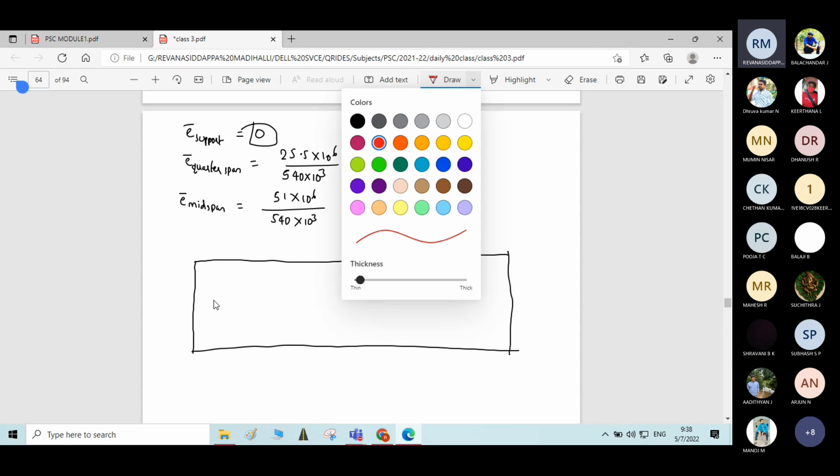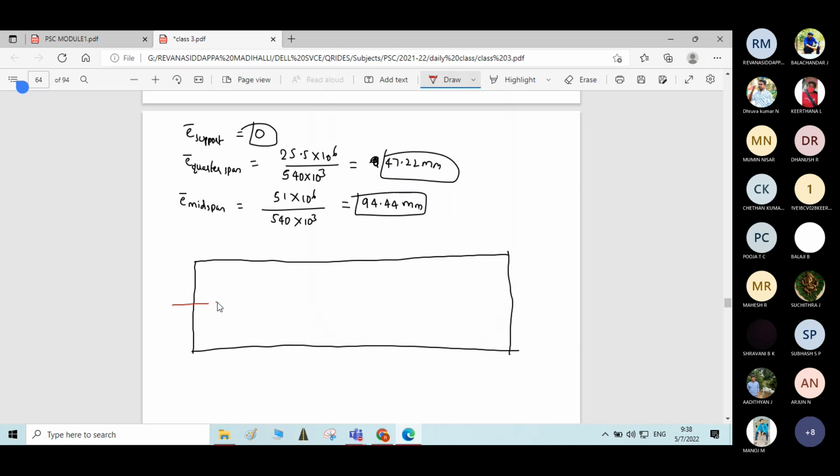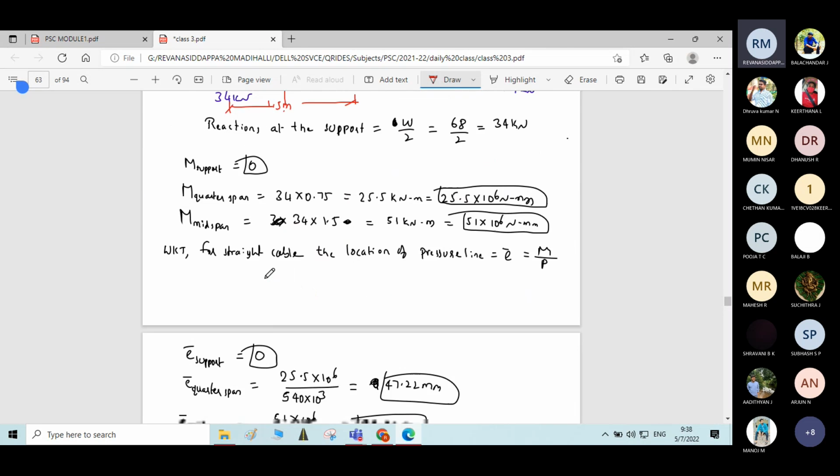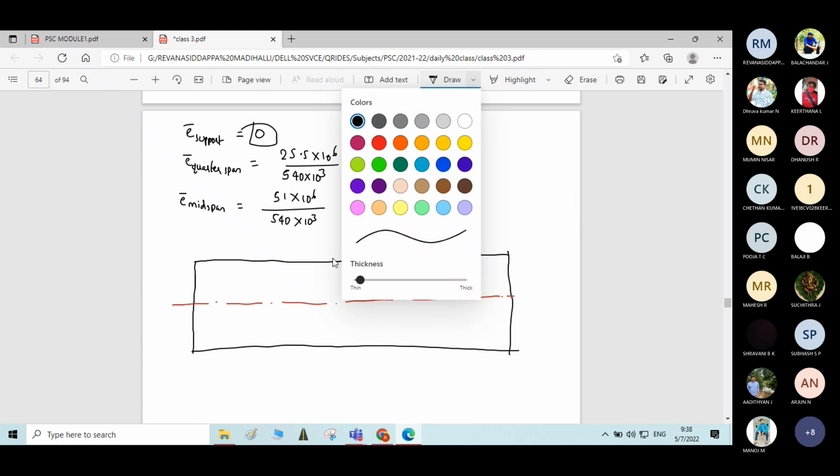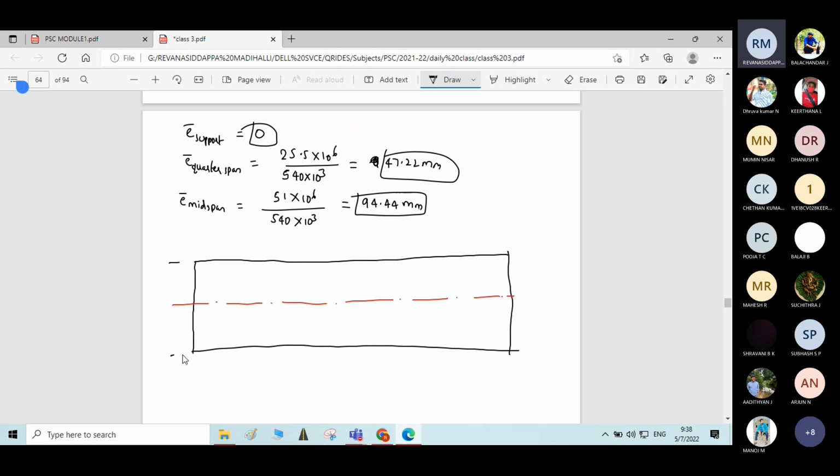So here we have the central axis. The cross sectional dimension is 300 is the depth. Okay, 300 depth. Then let me write the cable profile.